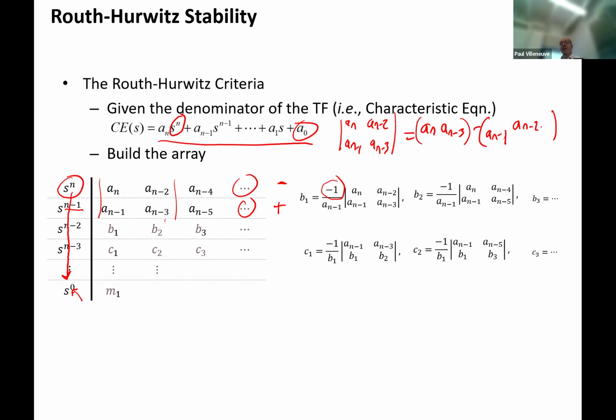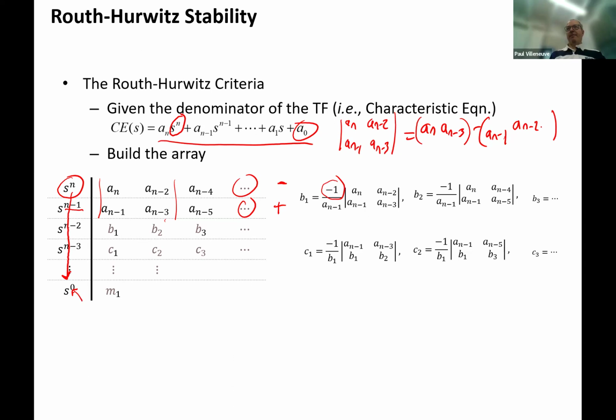Yeah, to find the determinant of a 2x2 matrix, you take the diagonal left to right, and then you subtract it from the diagonal right to left. Okay? And then you have the negative term up front.